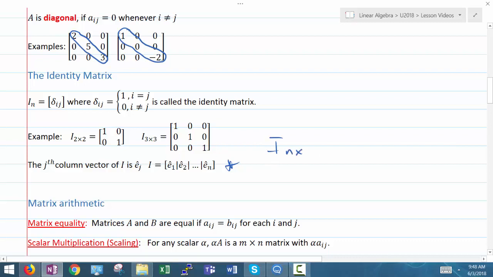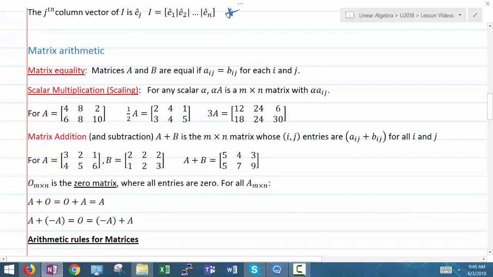So we write I equals n by n to indicate the rows and columns of I. And in general, we'll use this notation, which we've been using: subscript of capital letters m by n tells you that that's an m by n matrix, m rows and n columns.